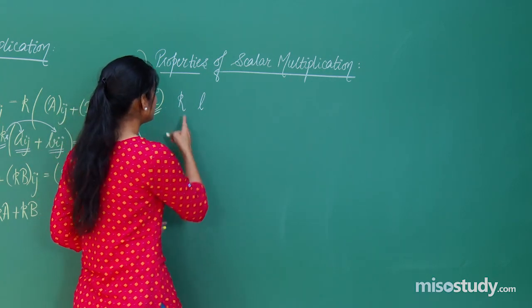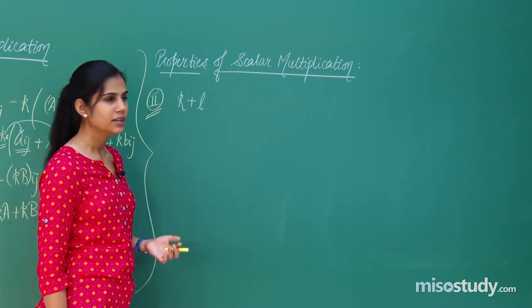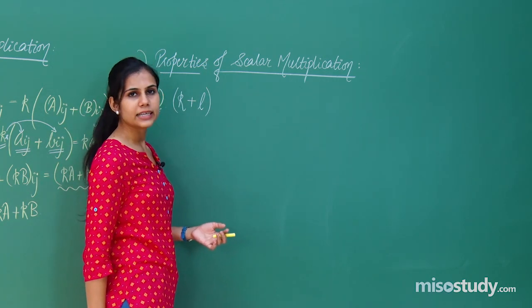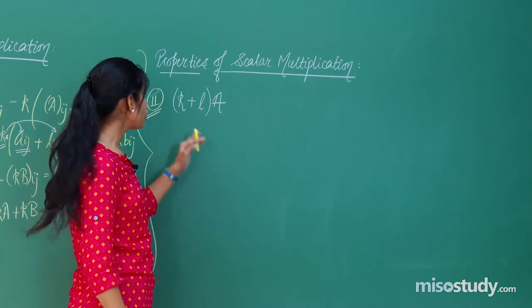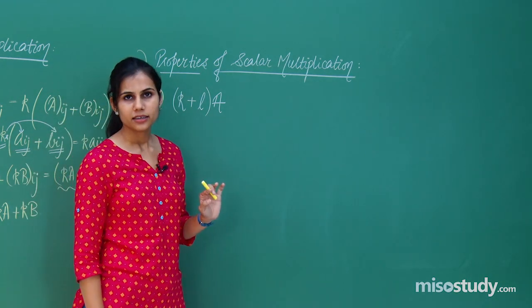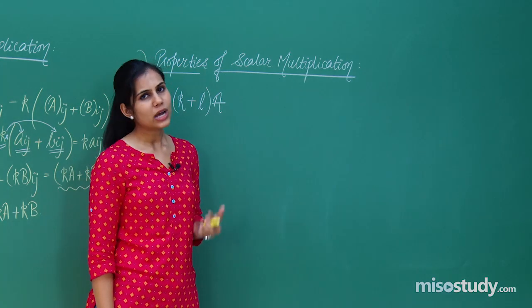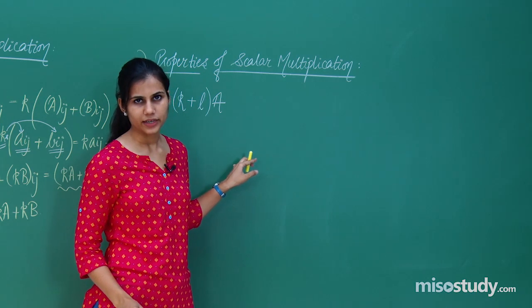What I am trying to say is, with the help of two scalars, I can always get one scalar by adding them. K plus L is one single scalar, say M, and A is any matrix. So I can definitely talk about K plus L times A. Now I have one scalar M and one matrix A, so M times A is very much well defined.